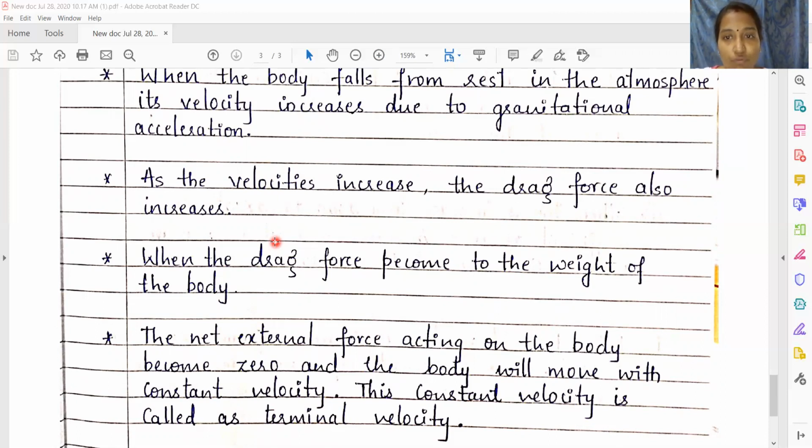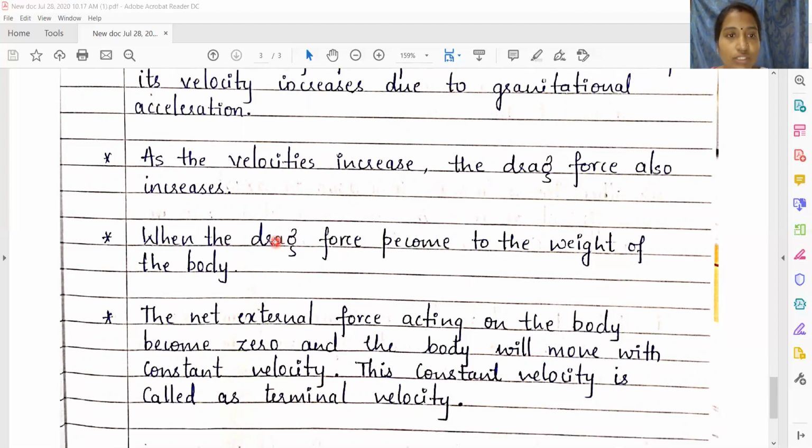If that drag force attains the same force as the weight of the body, the velocity will become constant and the net external force will become zero. That constant velocity, when it is obtained, that position is called the terminal velocity of the body. Okay, till here we can complete this session.